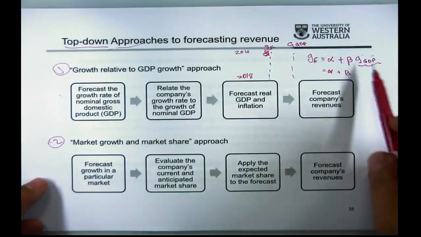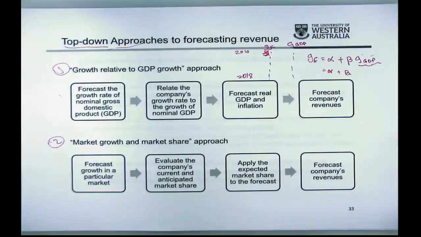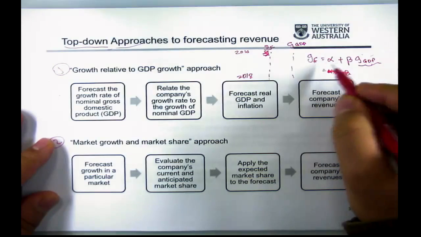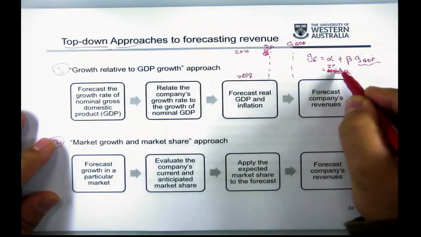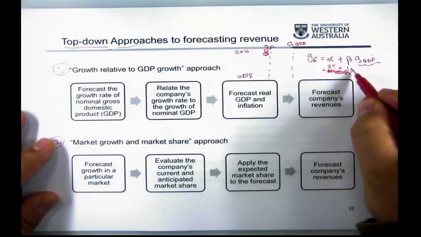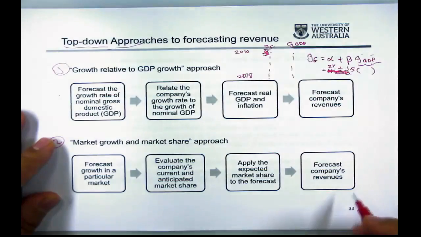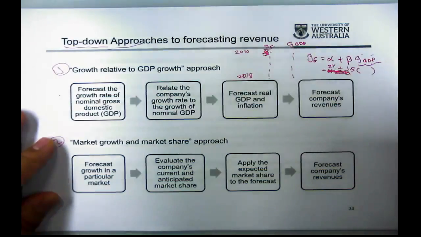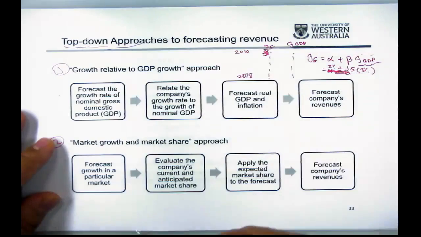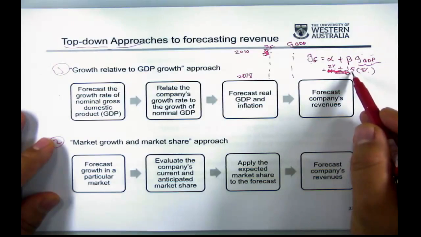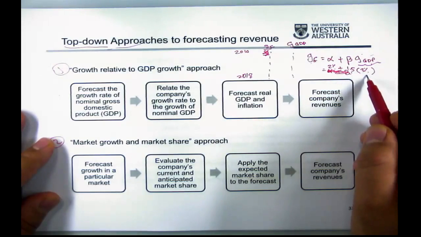So if next year GDP is expected to be 3%, let us say, alpha is 2%, beta is 1.5. Assume that the government believes that the GDP will grow at 3% next year, then the growth rate of our firm is 2% plus the product of 1.5 and 3%. 1.5 times 3% is 4.5, right?